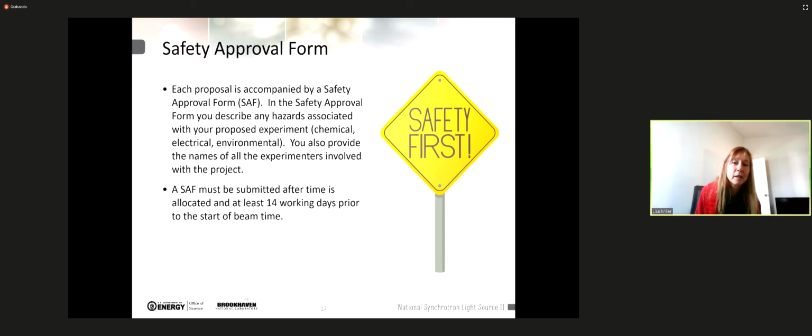If it comes in closer to the beam time than that, it's possible that you won't get your beam time allocated and somebody else will get it. So especially if they're complicated safety related experiments, it's important to put that safety approval form in well ahead of time. Okay, so that's the meat of your proposal.